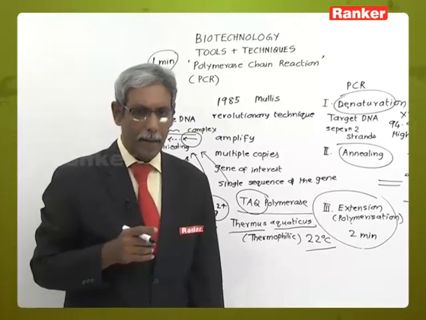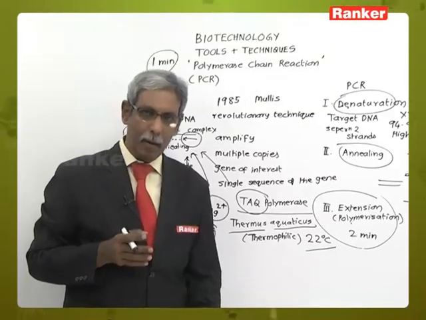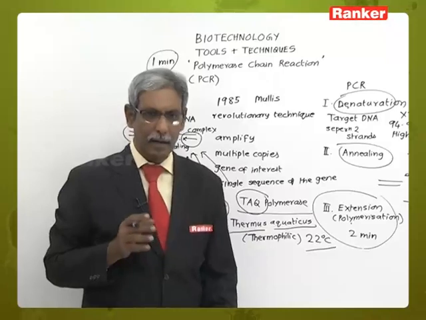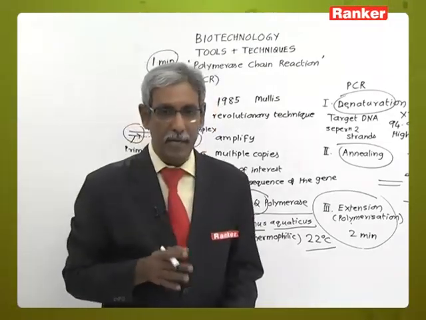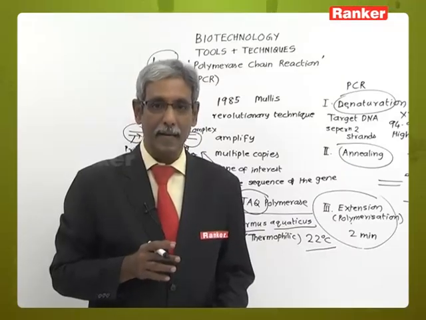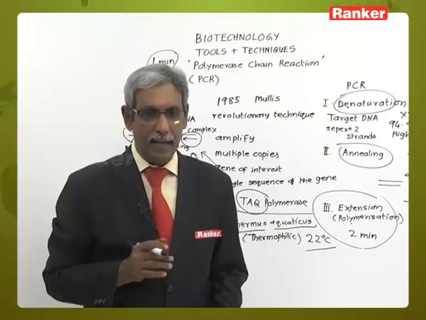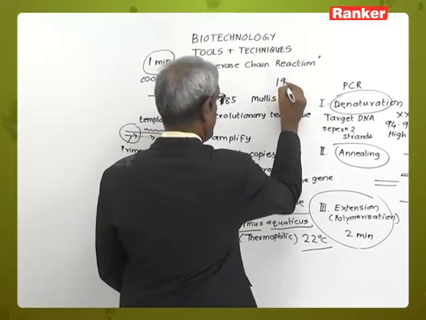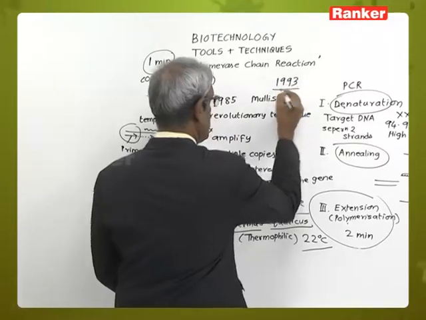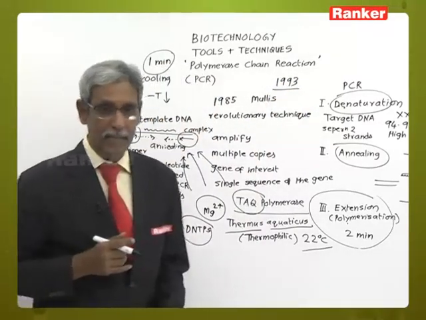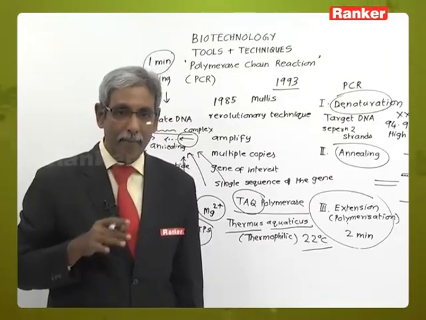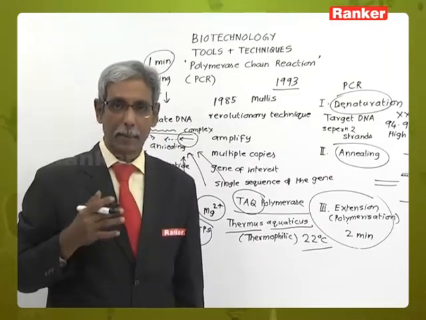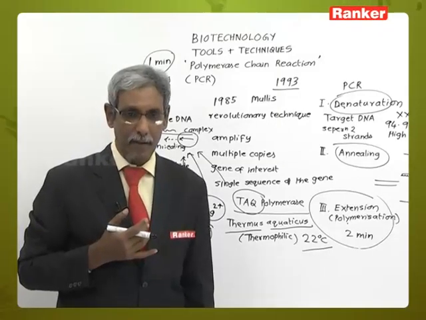Therefore, in summary, PCR or polymerase chain reaction is a revolutionary technique which was developed somewhere in 1985. Next, in 1993, he was awarded the Nobel Prize for working on the PCR. And here there is a repeated heating and cooling cycle.